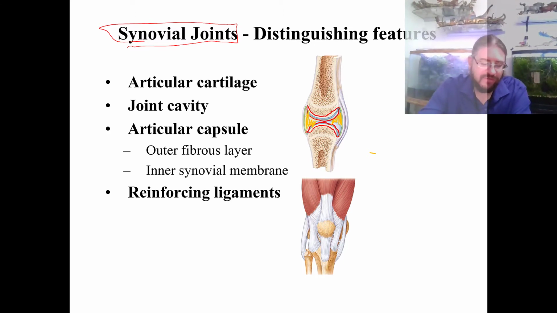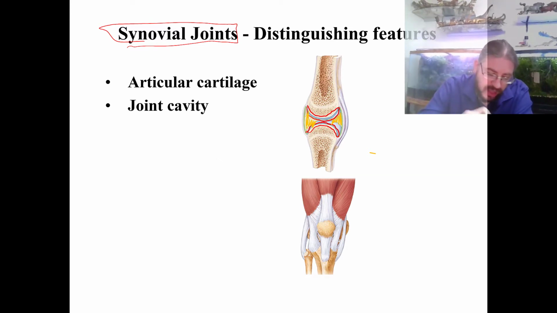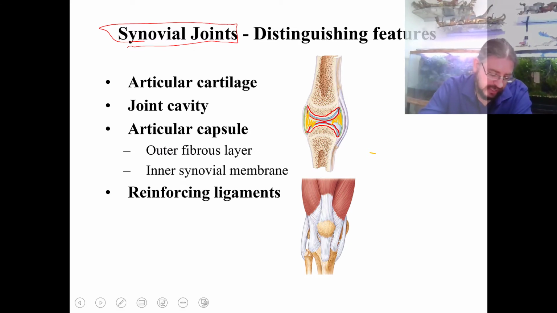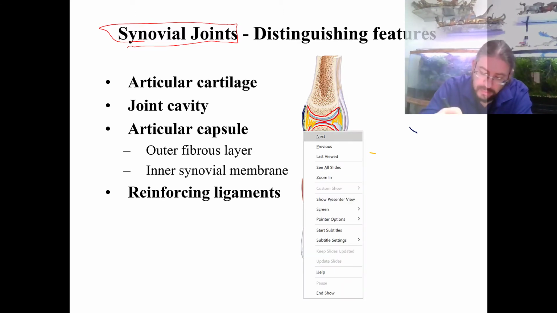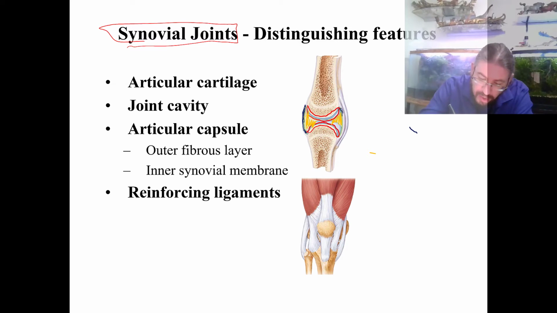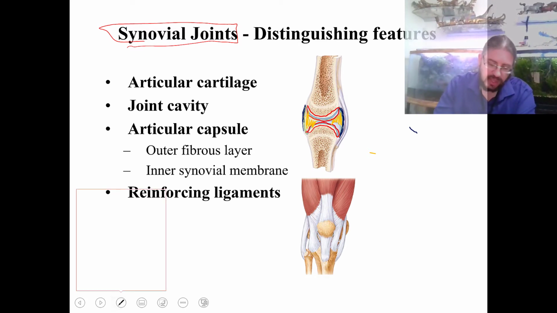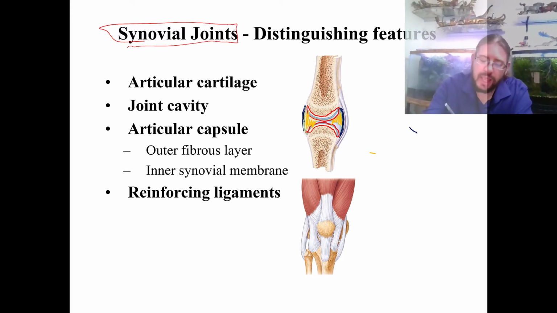So we have an outer fibrous layer of an articular capsule. So the outer fibrous layer of this articular capsule, kind of hard to accurately represent it in there, but close enough. And then inside you have the synovial membrane that gives it its name.